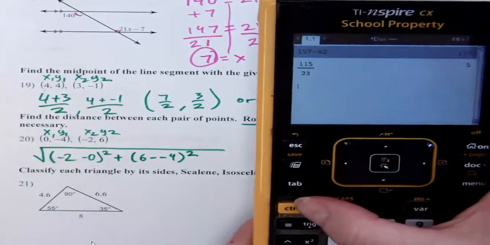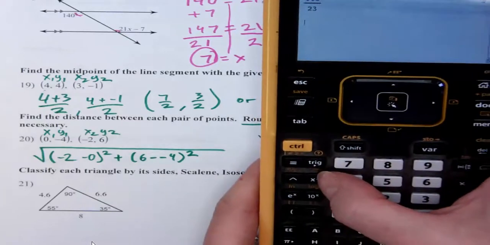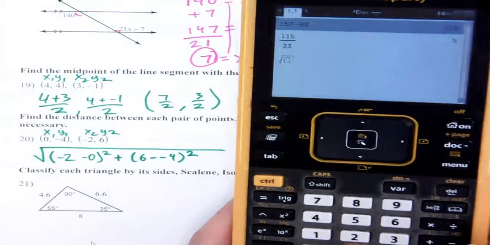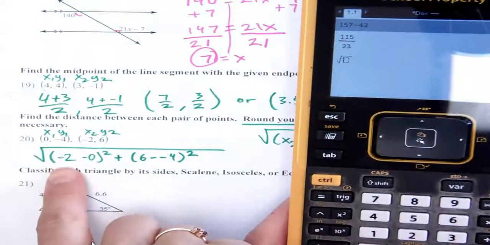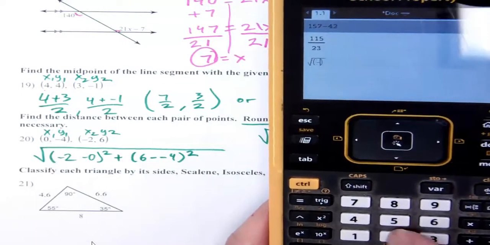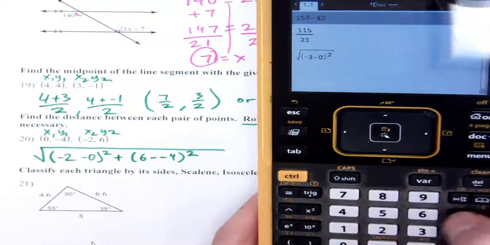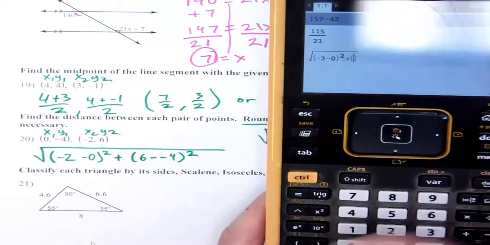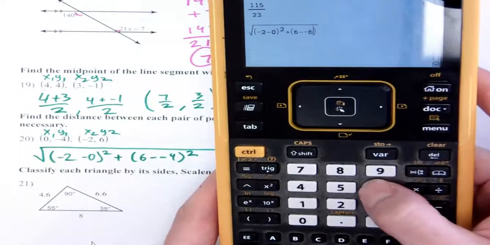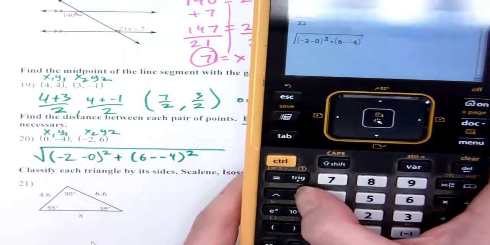So in the calculator, we do the square root symbol by doing Control X squared. And then I type it in exactly as I have it on the page. So parentheses, negative 2 minus 0, close parentheses, squared, plus parentheses 6 minus negative 4, close parentheses, squared.